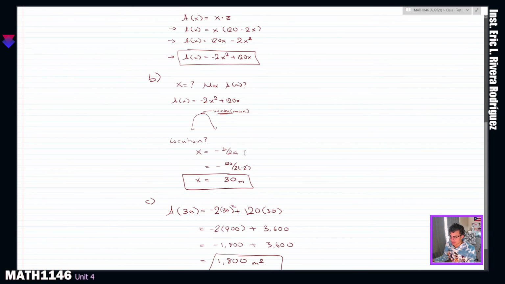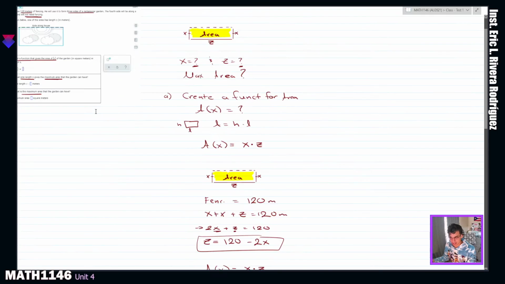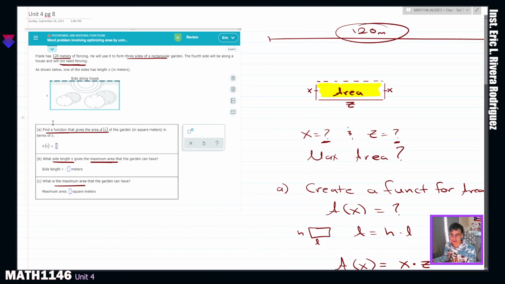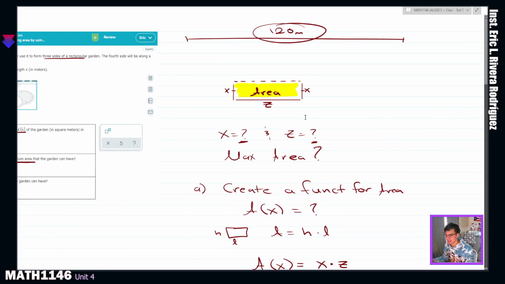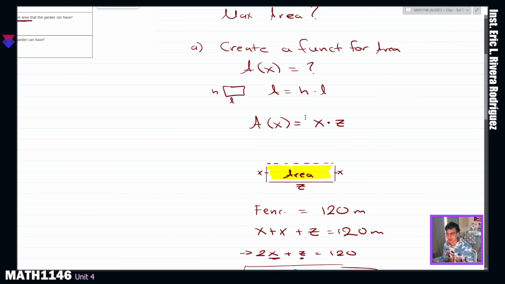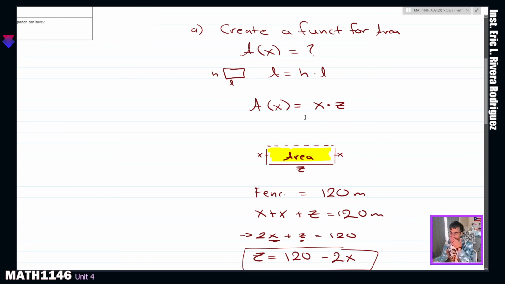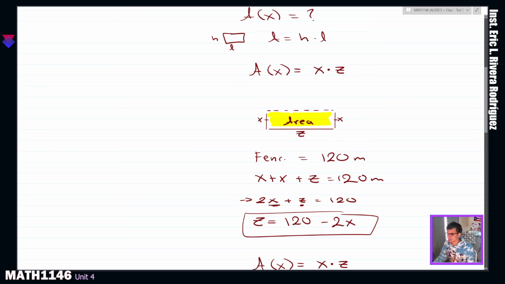All right. Again, I'm telling you, you are going to see this exercise in the quiz. You are going to see this exercise on the test. You are going to see this exercise on the final exam. You have the guide on how to solve this, and you have also the written work here. Obviously, you don't need to draw the rectangle, but you need to present this equation.